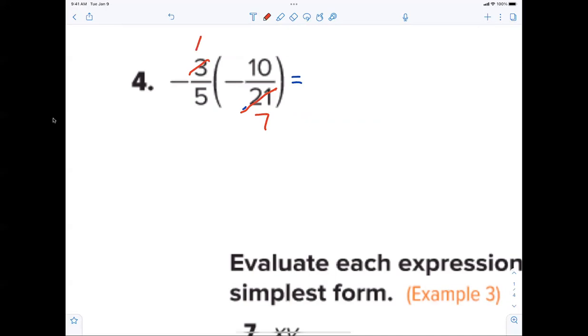Good. Now what am I doing with the 5 and the 10? The 5 crosses out to a, and the 10 crosses out to a, and now you just multiply straight across. And what do you get? Is it positive or negative? Of course. Very nice.